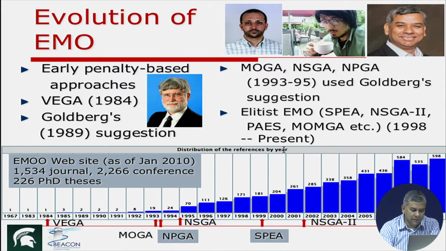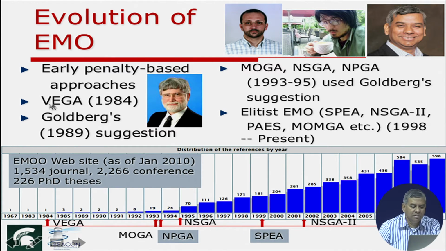Okay, a little bit of history of how all these multi-objective evolutionary methods have developed. Very early on, before even '84, people had been talking about multiple objectives, and there was a need in practice, but nobody really suggested anything. First, in 1984, Dave Schaffer was doing his PhD on this topic.